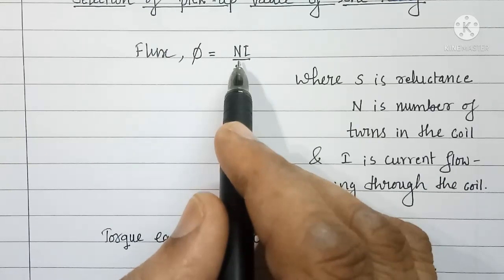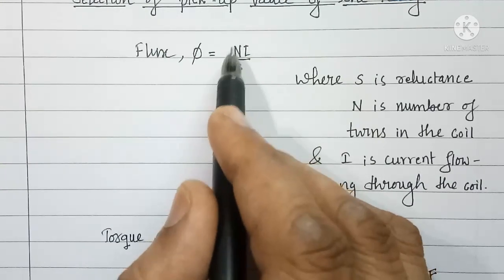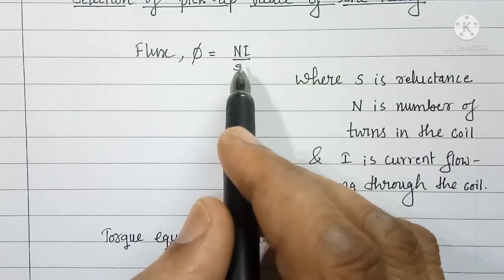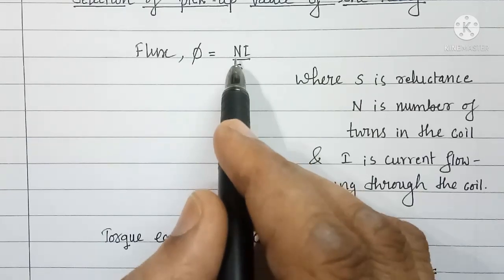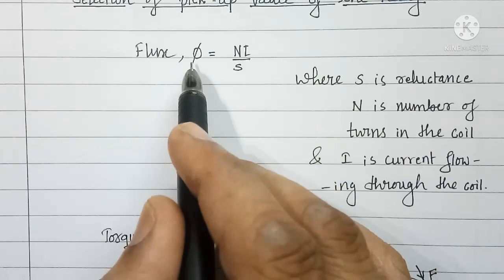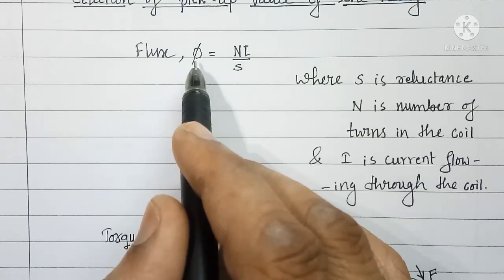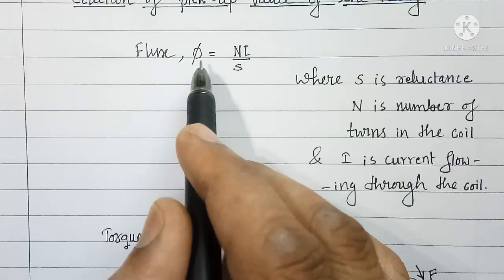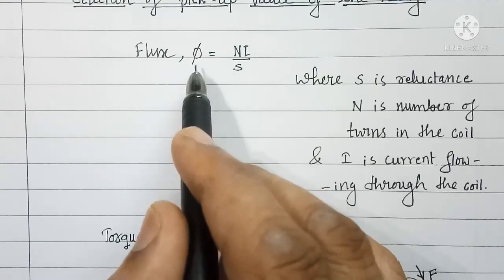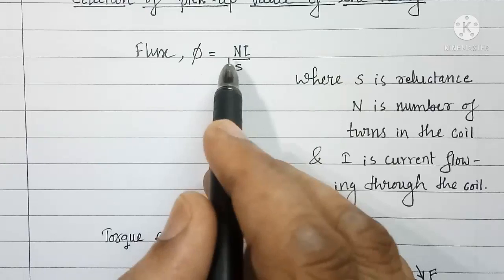By having tappings in the coil, we can increase or decrease the number of turns according to our requirement, and therefore even for very small amount of current flowing through the coil, by having large number of turns, we can make the flux setup in the core of electromagnet sufficient to develop the driving torque, which is more than control torque.